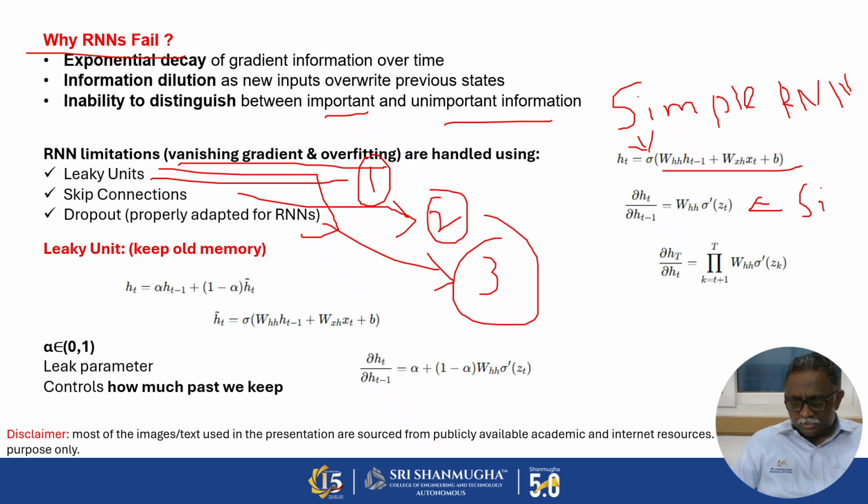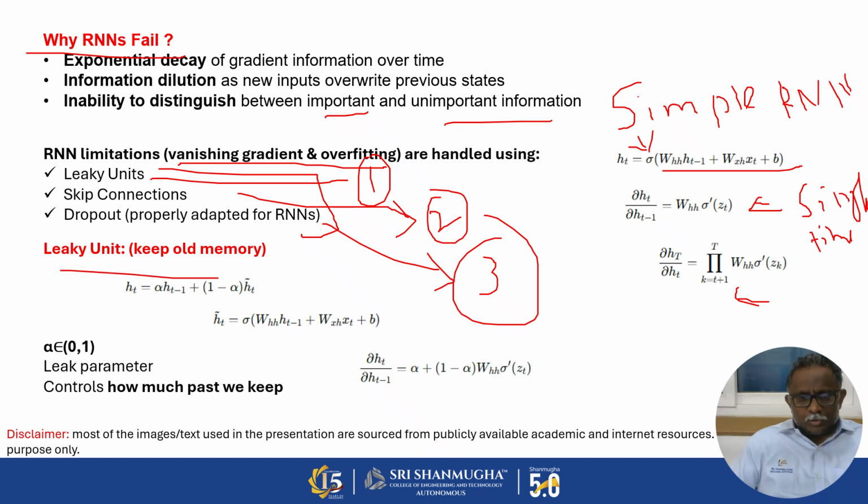And this is for the long range. If you look at this expression, dou h_t by dou h_k is equal to a product, where i varies from k to t, of many gradients. So that's the reason it is used for the long ranges.